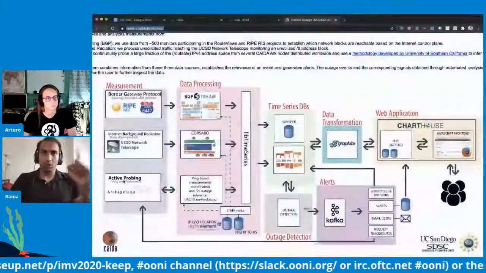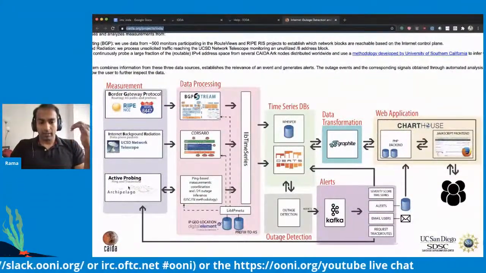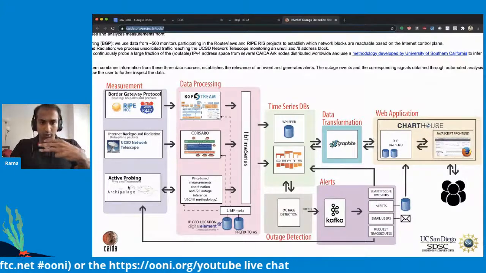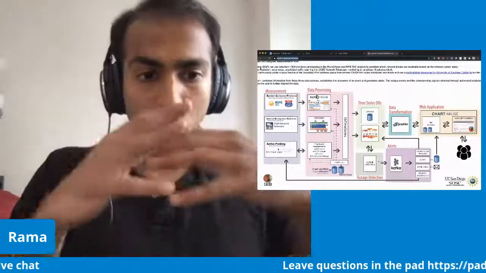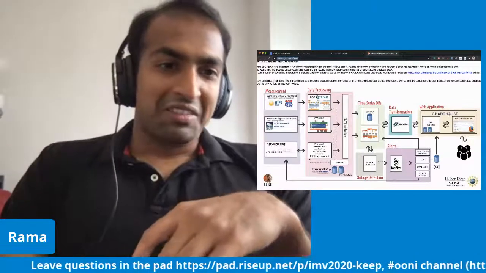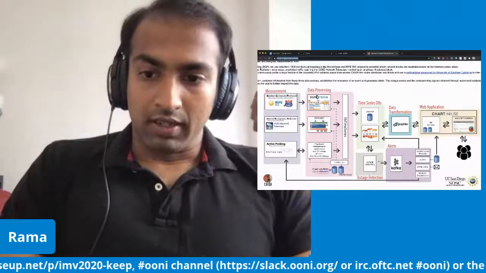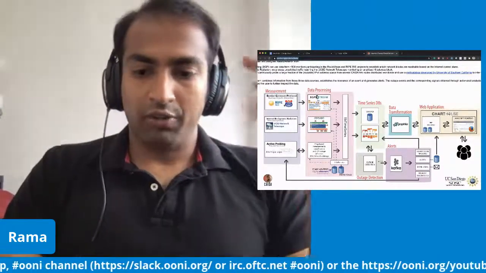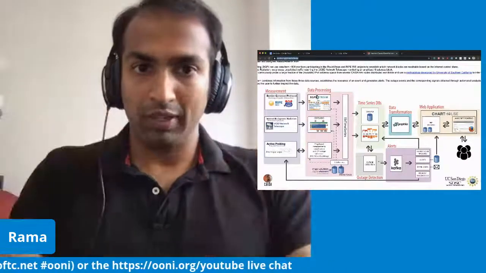Let's start with the simplest data source to describe. Active probing: we have one vantage point, in the San Diego Supercomputer Center at UC San Diego, where CAIDA is located, that's probing across the world. For BGP, the data is obtained from BGP routers all around the world. These are called BGP collectors.